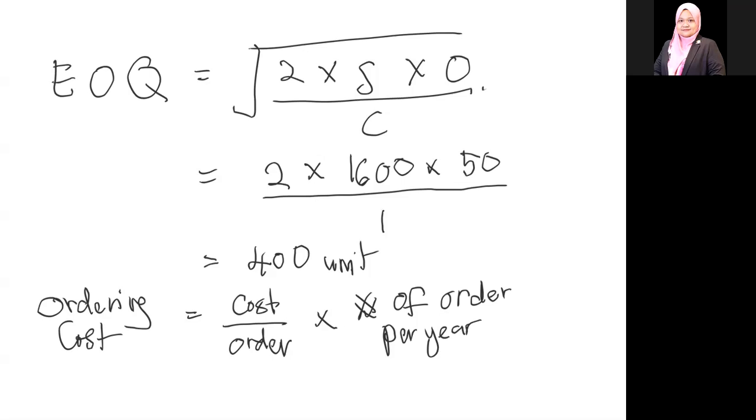So the ordering cost is equal to $50 times 4. Okay, so the answer is $200.